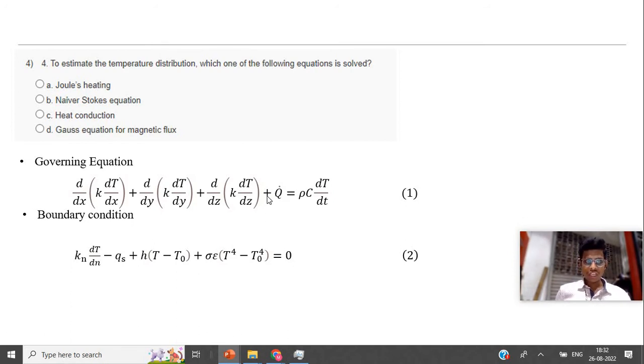All you need to understand is that the heat conduction equation is used in FEM based simulation, where we solve with this boundary condition. Conduction losses will be given by conduction, and these two terms are the convection loss and radiation loss. Heat from the arc to the base plate will be given either from Q dot or Qs, based on the process.